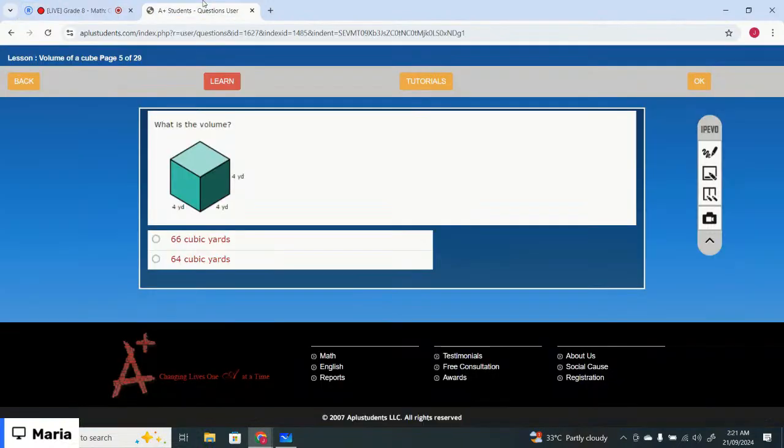Yes, that is 64 cubic yards because you are given the side lengths that are 4 yards, so that is a cube. The volume of the cube is side times side times side. So 4 times 4 is 16 and 16 times 4 is 64 cubic yards. Option number 2 is the correct option. Got it? Okay, you can complete the lesson by yourself later today. Let's just move on to the next lesson.